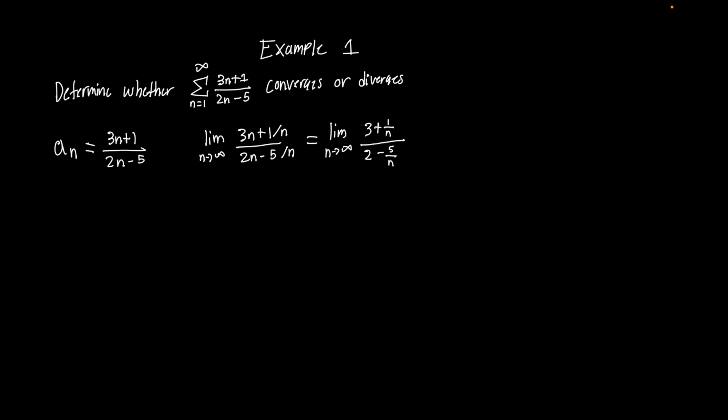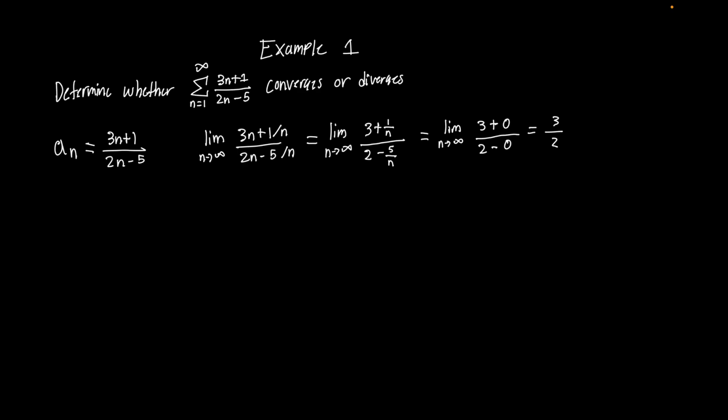So now we can evaluate the limits. The 3 is going to stay the same, so 3 plus, remember 1 over infinity is just 0, over 2 minus, remember 5 over infinity is 0. So this is just equal to 3 halves.